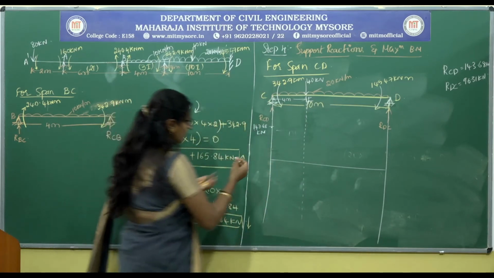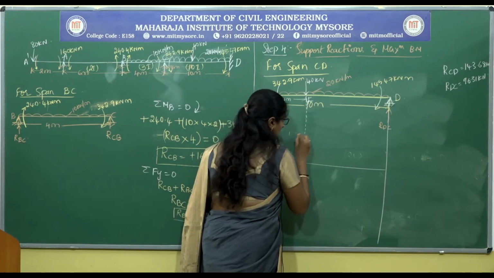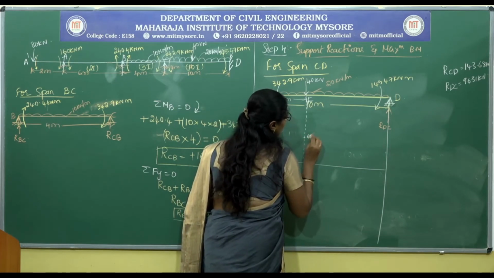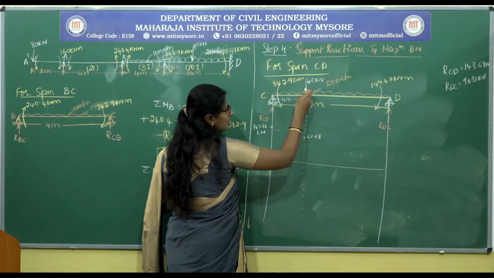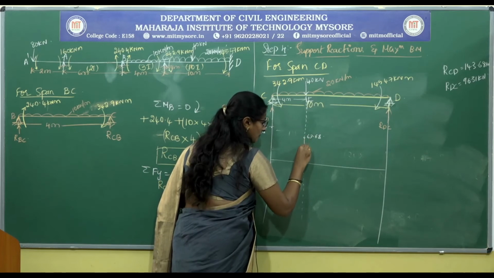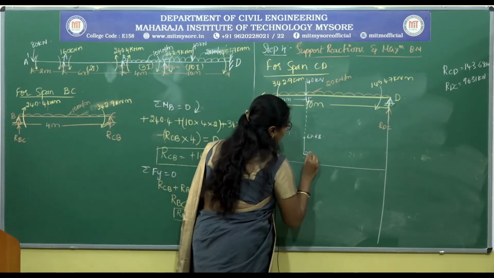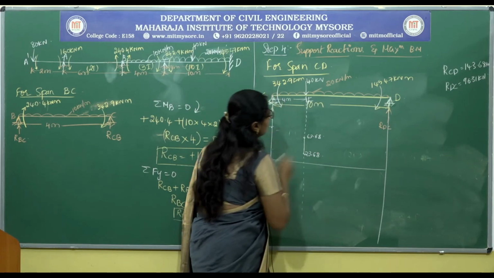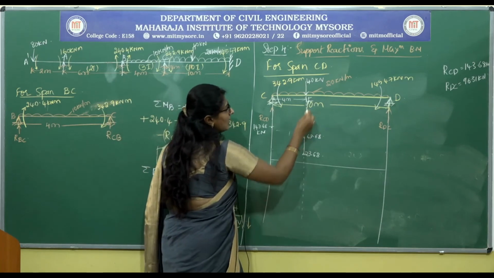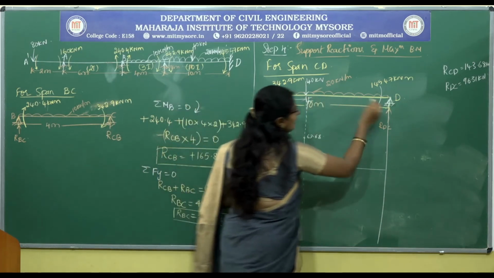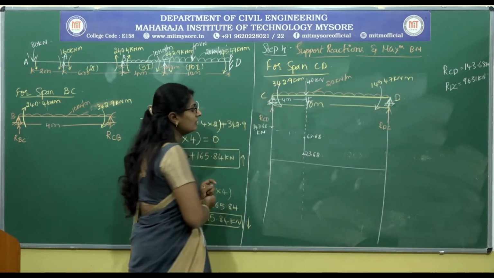Again 63.68. So at this point again minus 40. 63.68 minus 40 will give you 23.68. After this, between F and D we have a UDL of 20 kilonewton per meter.